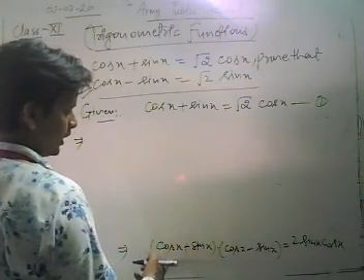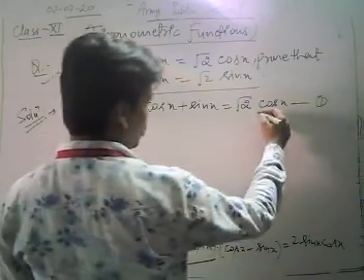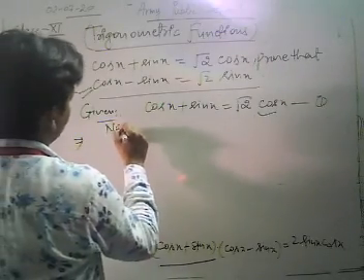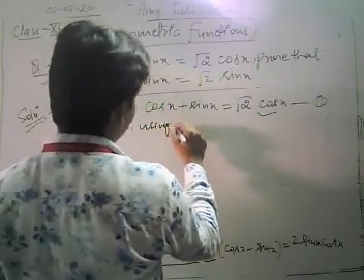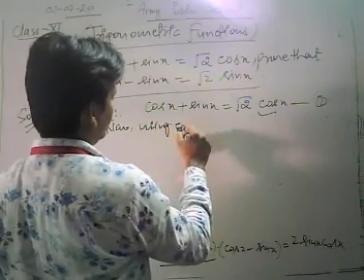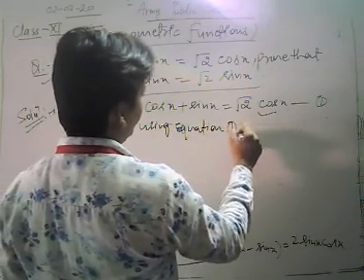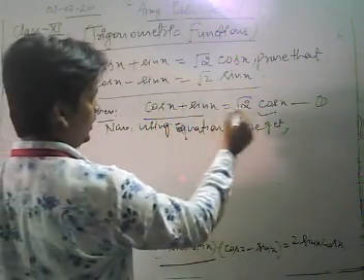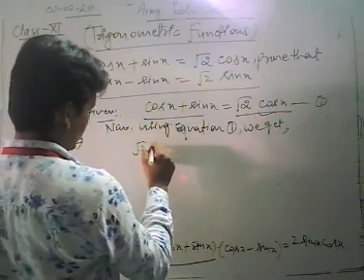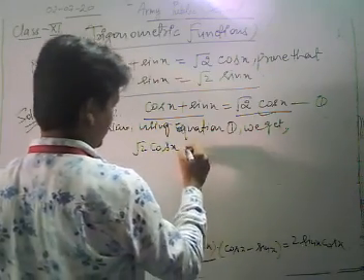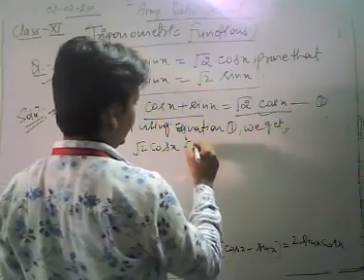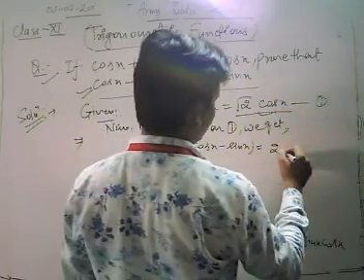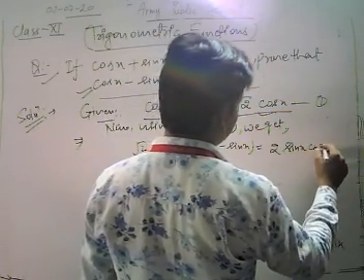Here using equation 1, the value of cos x plus sin x is root 2 cos x. So we get the value of cos x plus sin x as root 2 cos x, put here, root 2 cos x multiplied by cos x minus sin x is equal to 2 sin x into cos x.